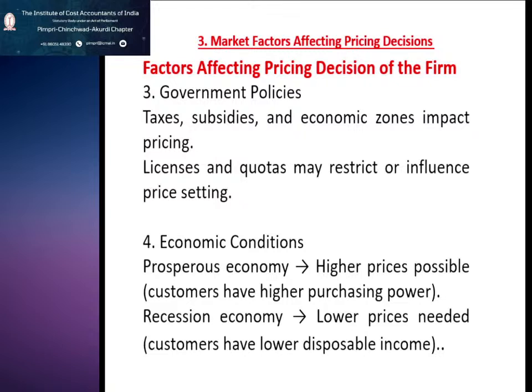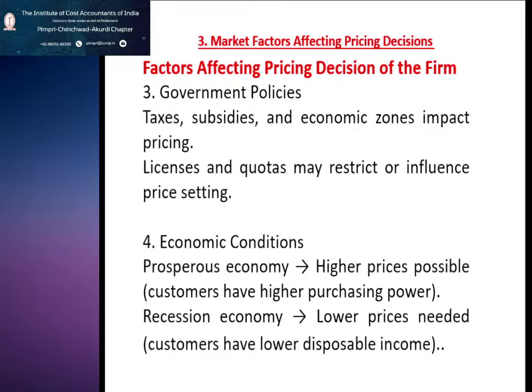Third key external factor impacting the pricing decision is the government policies. So a lot of tax, subsidies, economic zones impact the pricing that is adopted by the firm. And second government related factor is the licenses and quotas that may be required by the firm to be procured.